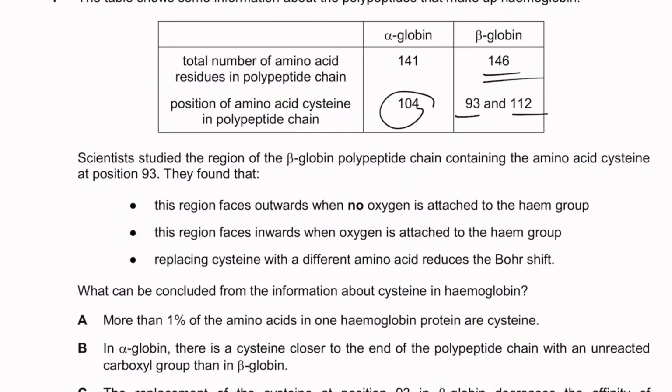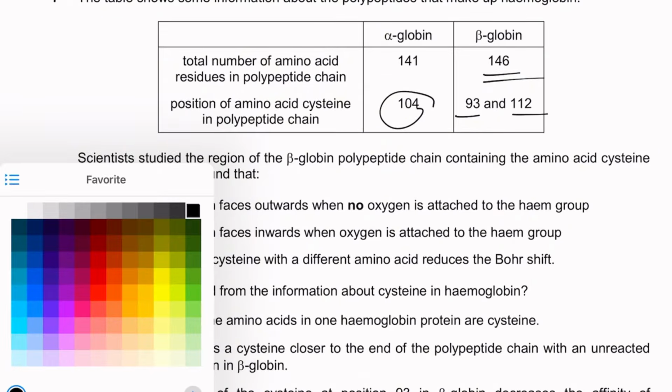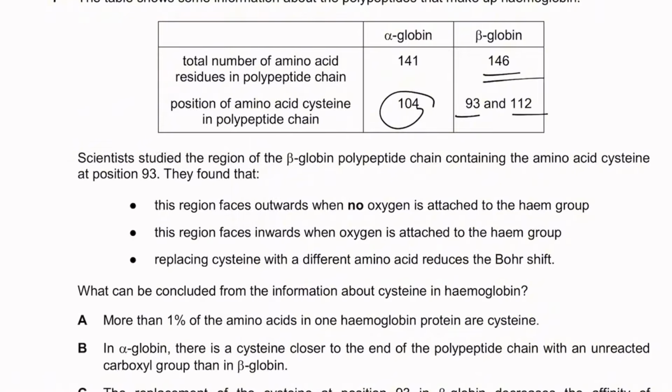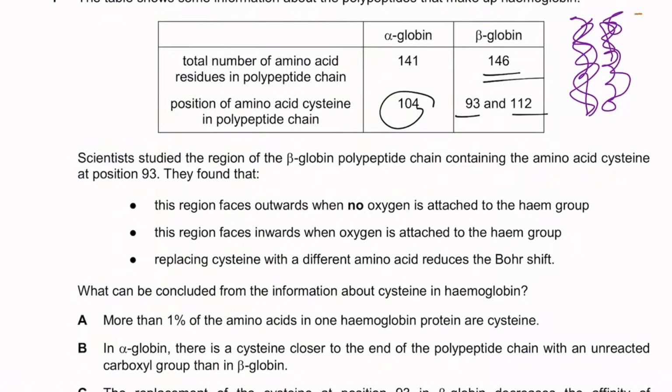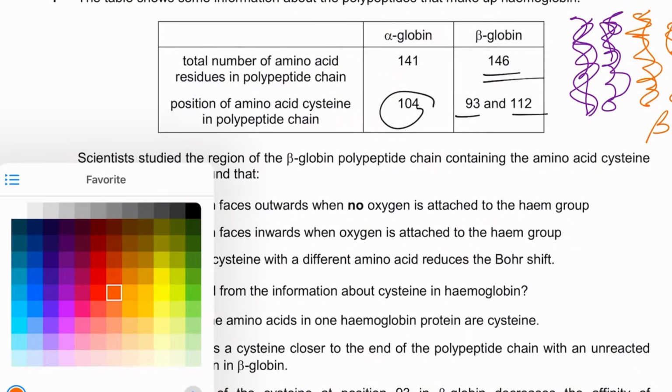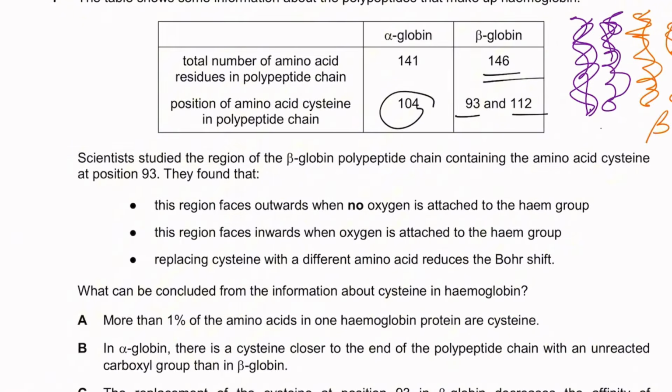So let's remember together the structure of hemoglobin. Hemoglobin is made of two different chains, and it's made of 4 polypeptides in total. Okay, so we have this kind of thing over here, and then again like this. So these are 2 chains, and then we also have 2 different chains. So these orange ones are going to be the beta chains, and then the purple ones are going to be the alpha chains.